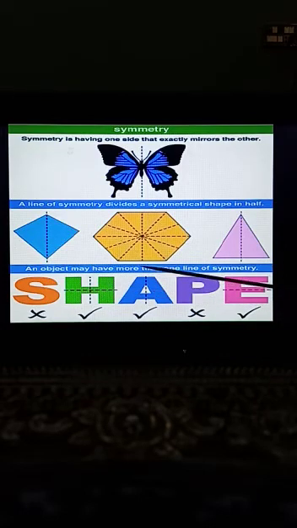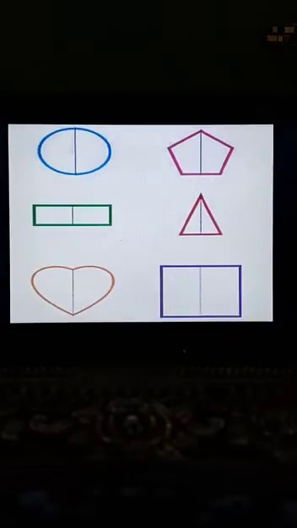This A is also symmetrically divided when we put the line of symmetry vertically. This P cannot be divided because it's not a symmetrical shape. This E can be divided horizontally, and this horizontal line is the line of symmetry. Here are some more examples for you to observe the lines of symmetry.